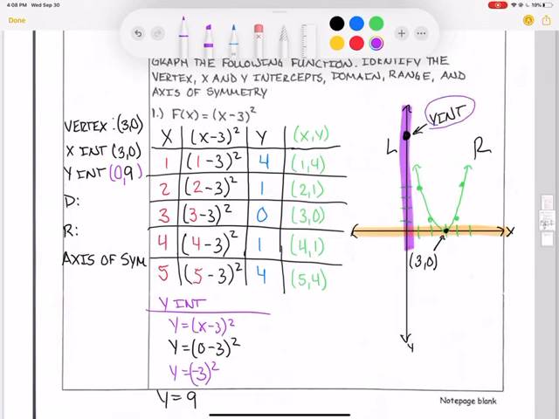Okay, my domain and range. Domain deals with the x values of your arrows. So this left arrow has the coordinate point negative infinity, positive infinity.